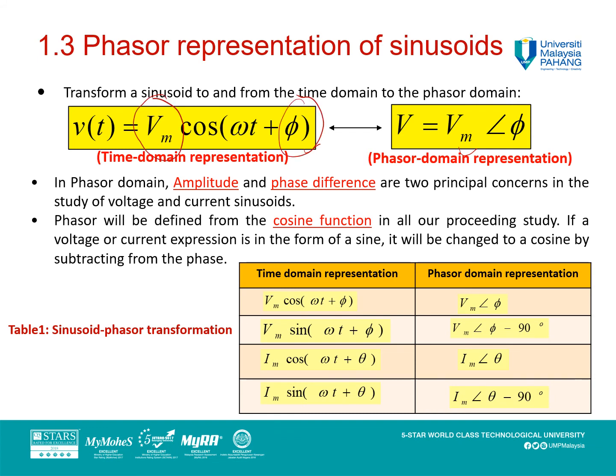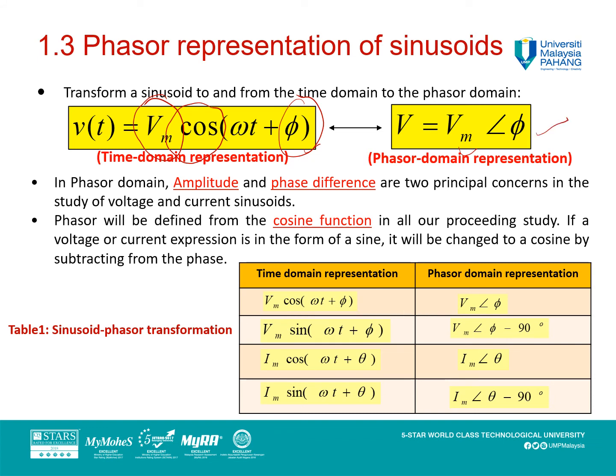More important, in time domain it must be represented in cos. When you see your equation in sine function, you must first convert that equation to cosine, then you convert to phasor domain.